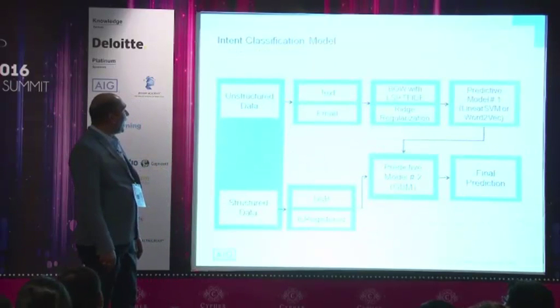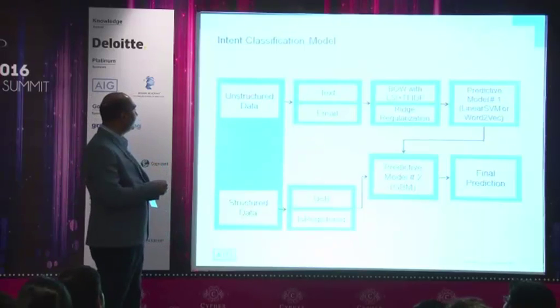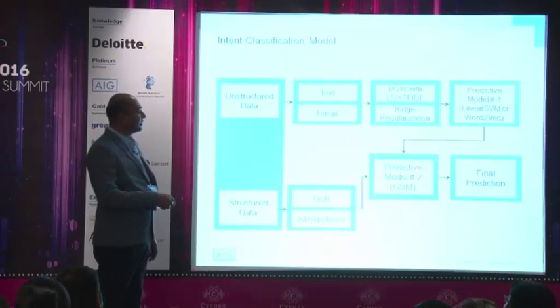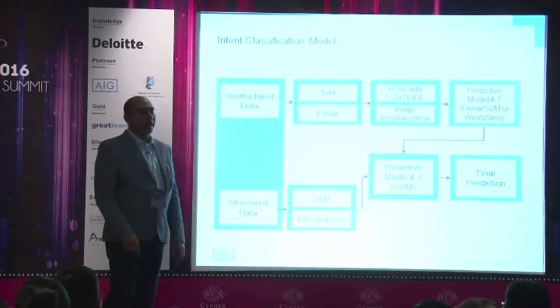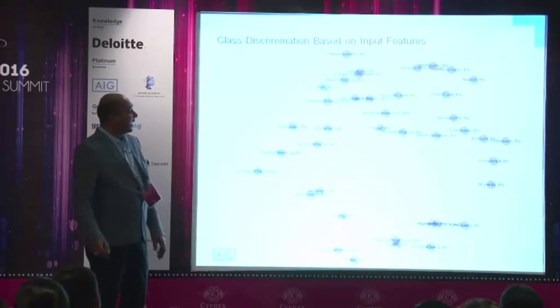So, what would such a model look like? I can create one model for structured data and a model for unstructured data. I bring the two models together to make a final prediction. I can get into the details, but we will skip that for now.